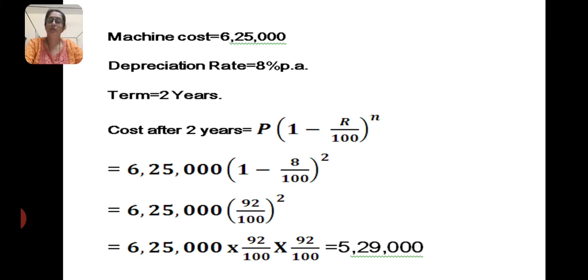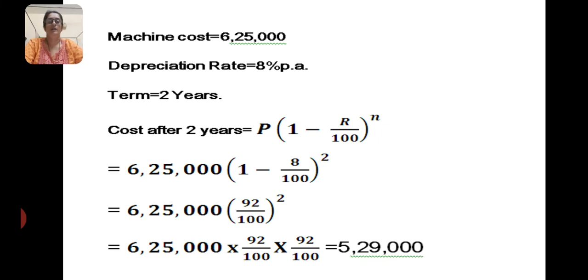Now here we are going to change the formula a little bit, because the value is going to be decreased. We are going to use negative sign in the formula. In the previous one the value was increasing, so we were using the plus sign. So cost after 2 years is P in the bracket 1 minus R upon 100 raised to N. So rate is 8%.